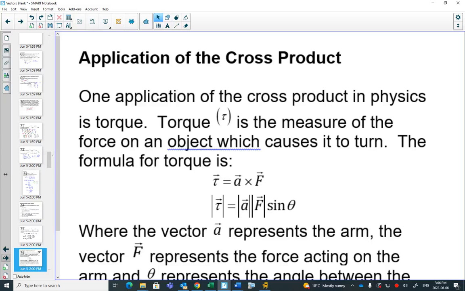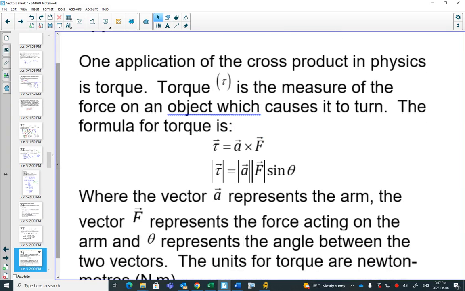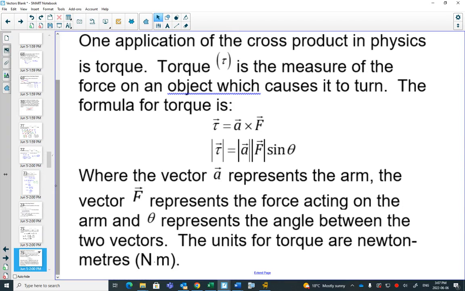And it's fascinating. Torque is the measure of force on an object which causes it to turn. Here's the formula for torque, it's just the cross product of the length of your object, the arm that you have, and the force that you give. And the units are Newton meters.